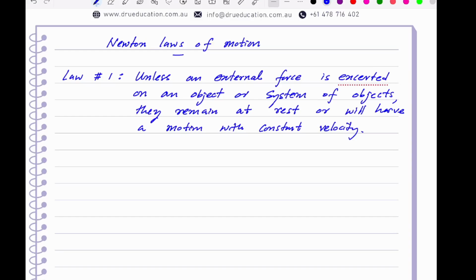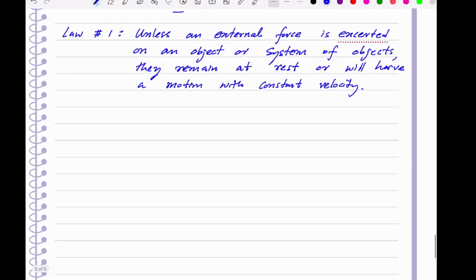Okay, so now we'll try to understand the physics behind it. Suppose there is an object, right? From the birth of this object it is at rest, so that means no speed. We are not applying any force, that means force is zero.